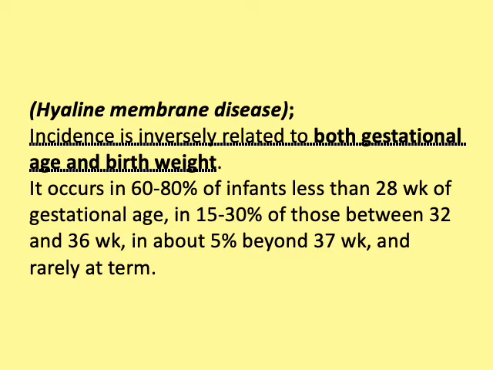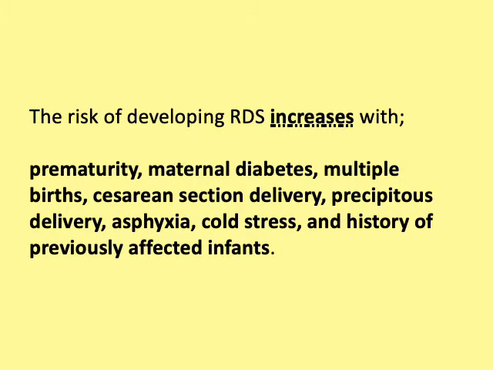It is very rare at term. Its incidence is inversely related to both gestational age and birth weight. That is to say, the greater the gestational age and the birth weight, the lower the frequency of occurrence of this condition.